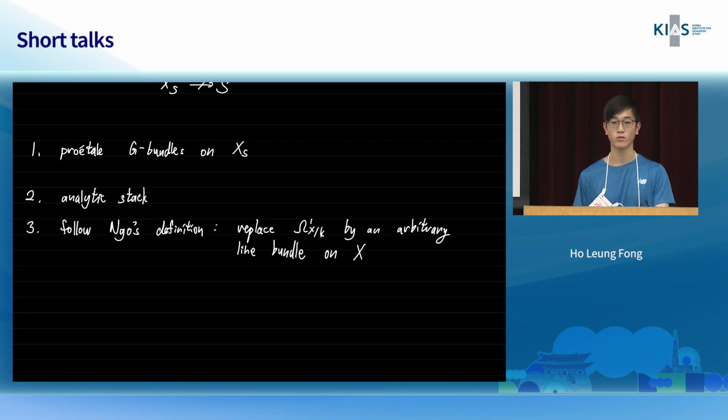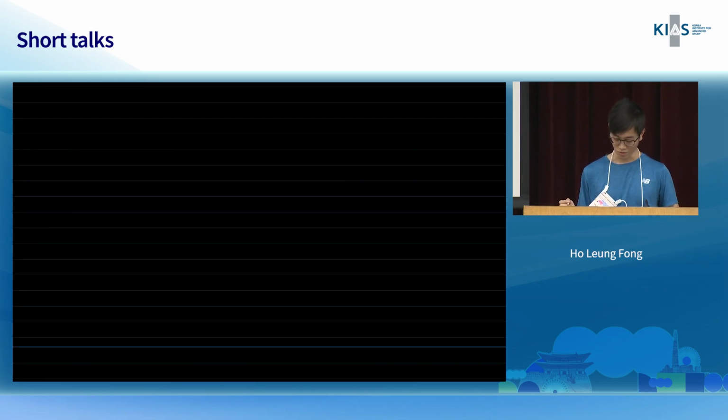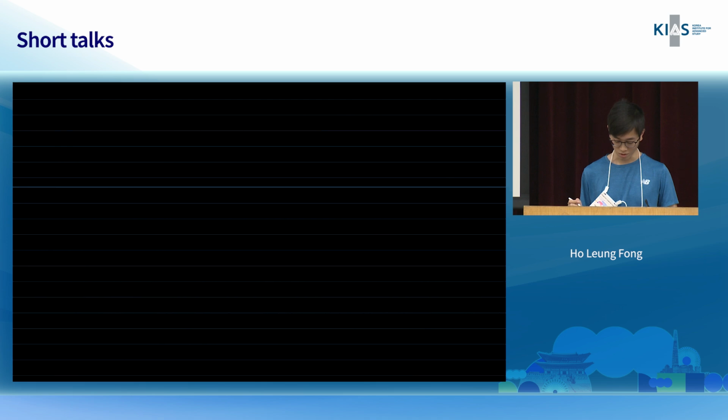So in his proof of the fundamental lemma, the version of Higgs bundles he used is he replaced the Kähler differential by an arbitrary line bundle on X. And this is the most concrete one, and this is the one that I will use in this talk.